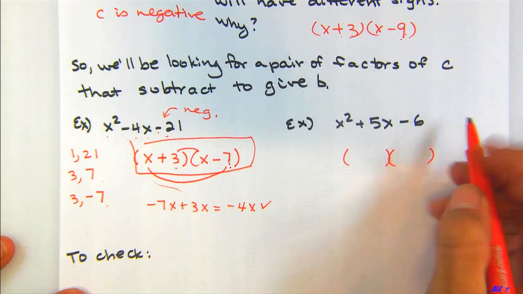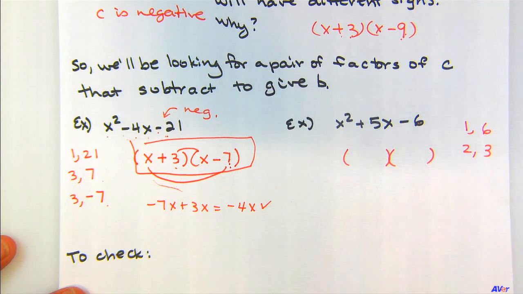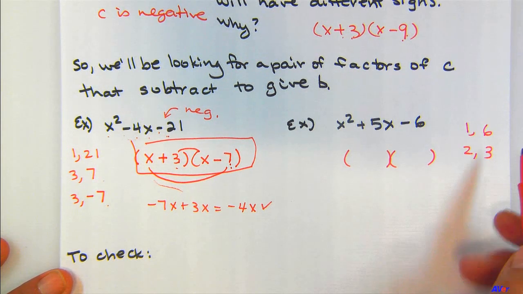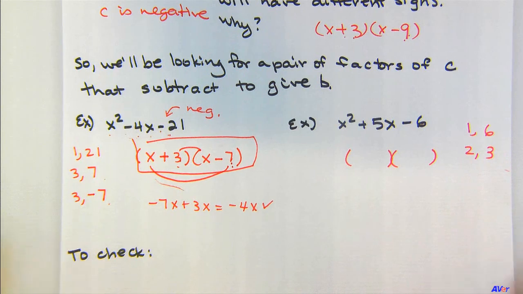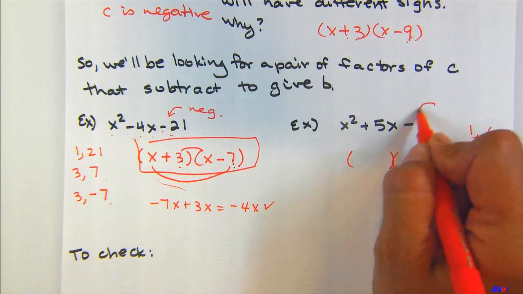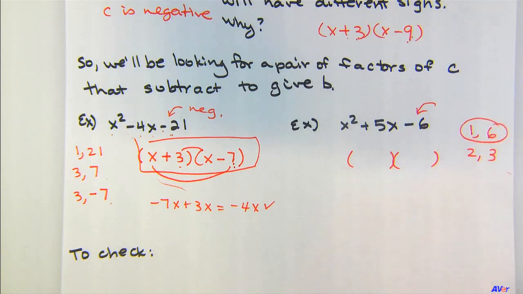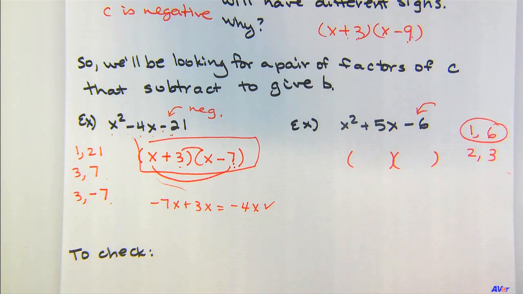Okay. Pair of factors of 6: 1 and 6, 2 and 3. Oh, this is a tricky one. Super tricky, because both of those get to 5. But one of them is subtracting to get 5 and the other one adds to get 5. Which one do we want? 6 is negative, so we pick the pair that subtracts to give, I'm sorry, subtracts to give 5.